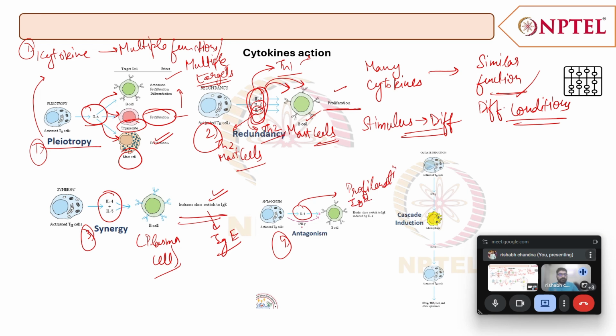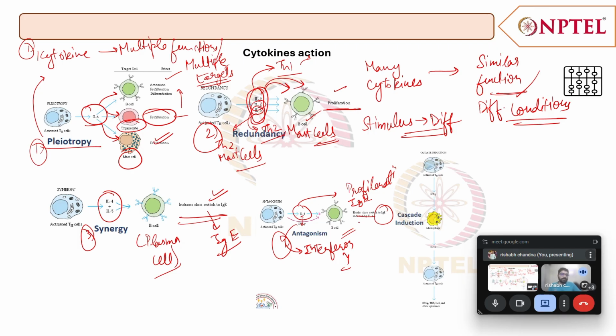But here IFN gamma, that means interferon gamma, inhibits the B cell from class switching to IgE that has been induced by the IL-4. Okay, so they both are antagonist in nature. That means they have opposite function.